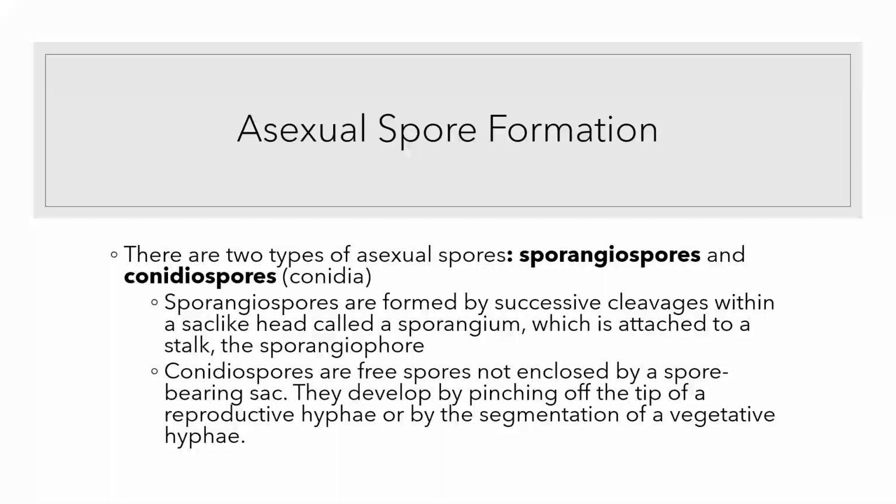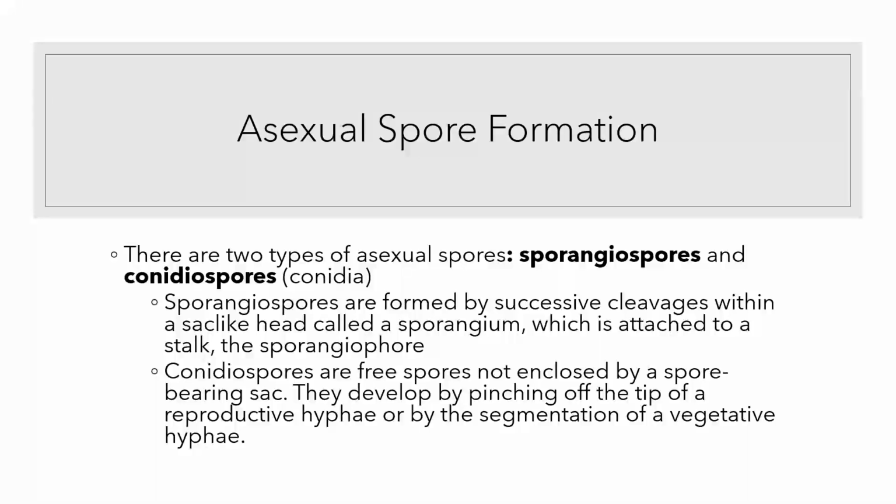Sporangiospores are formed by multiple successive cleavages in a sac-like head known as a sporangium. So it ends up looking like a little dandelion puffball, a little pom-pom, and that can be attached to a stalk that is the sporangiophore.